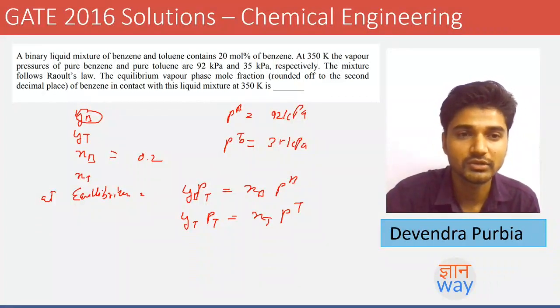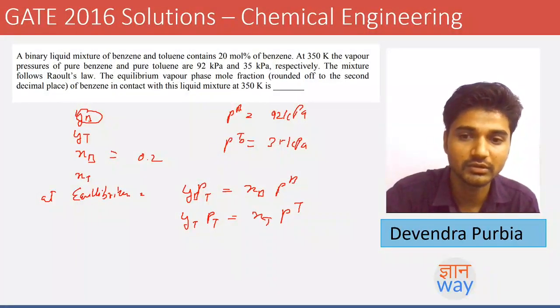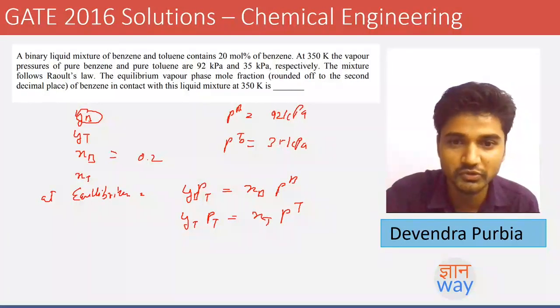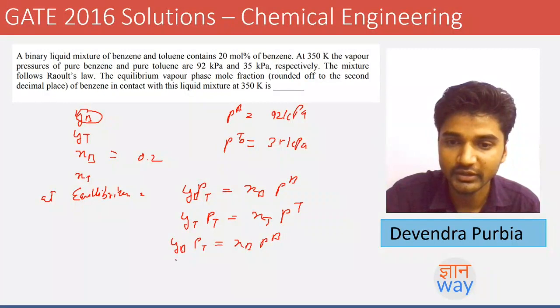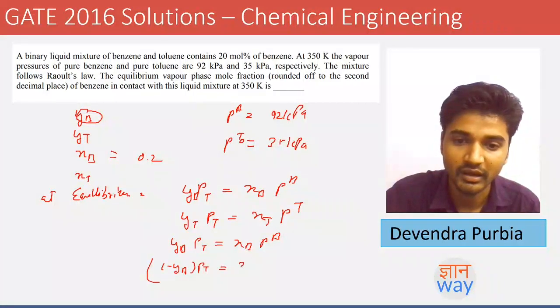We need to calculate yb, and as we know, for a binary composition yb plus yt equals 1, and similarly xb plus xt equals 1. So from here we can write yb P total equals xb pb, and for toluene, (1 minus yb) times P total equals (1 minus xb) times pt.